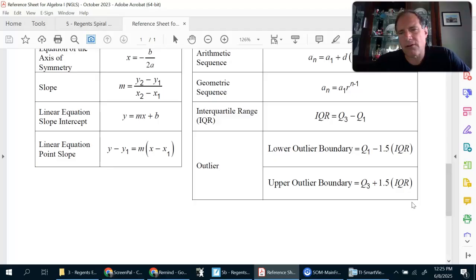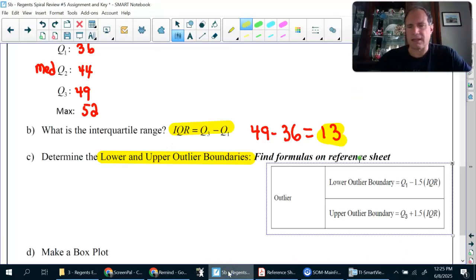The lower outlier boundary is Q1 minus 1.5 times the IQR, which is the interquartile range, and the upper outlier boundary is not minus, and it's not Q1, it's Q3 plus 1.5 times the interquartile range. So you just copy it down, and that's exactly what I did.